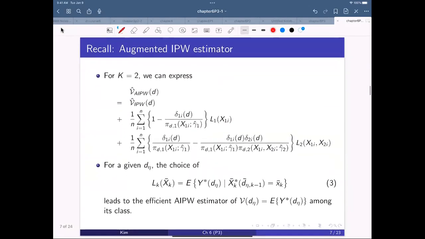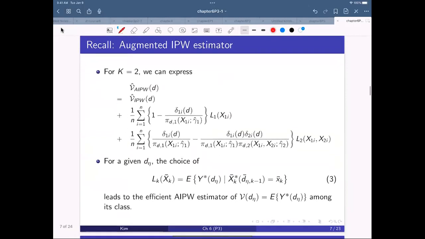So the augmented IPW estimator starts with the IPW estimator, but now you use partial information. The partial information that we're going to use is that for the sample, X1 is observed, and when delta equals 1, we observe X1 and X2, right? Basically we use a monotone missingness idea.